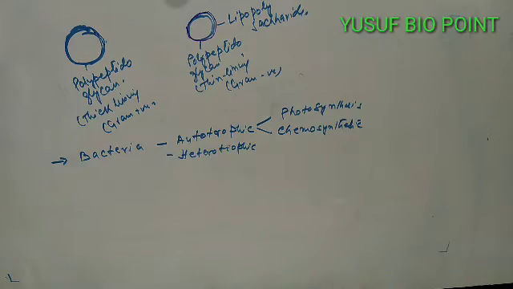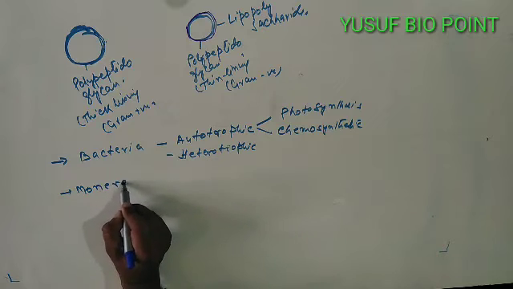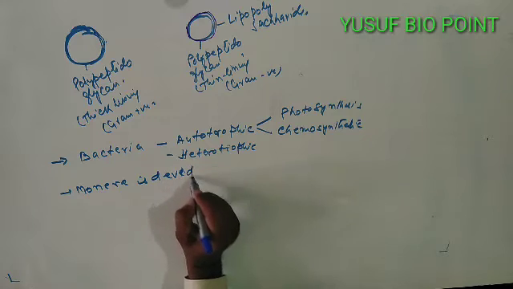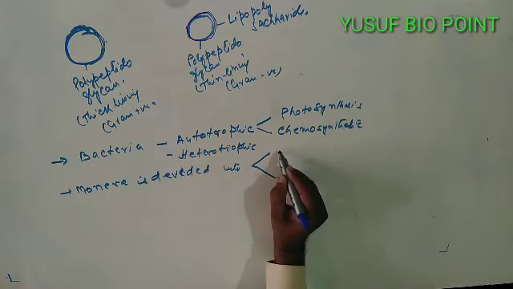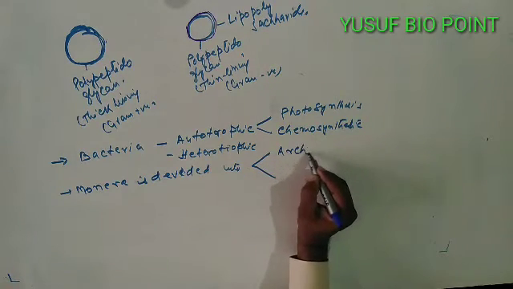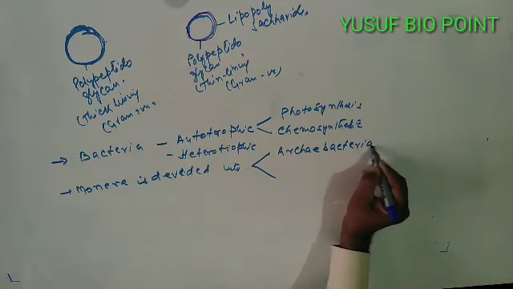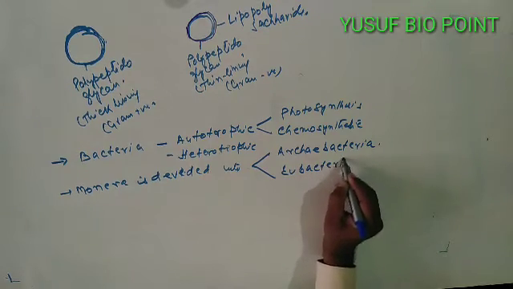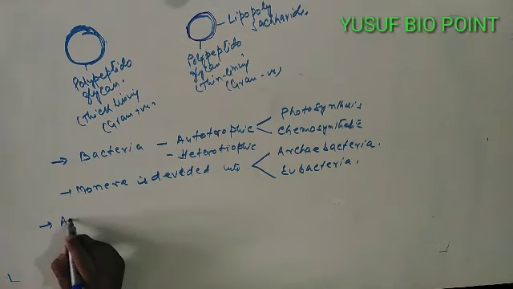So all types of nutrition are found in them. On that basis, the Monera is divided into Archaebacteria and Eubacteria.